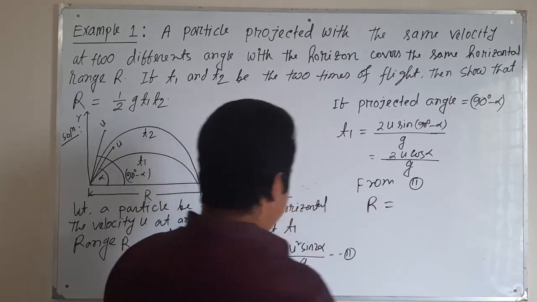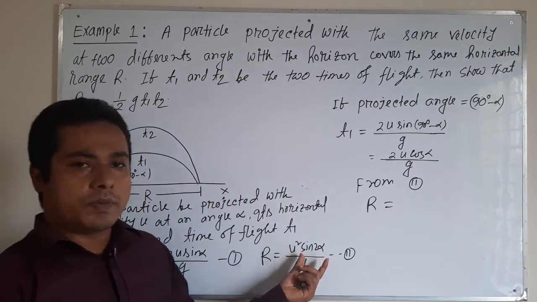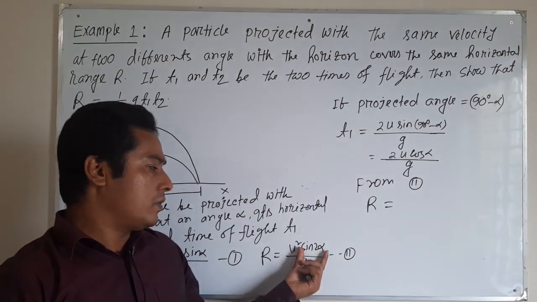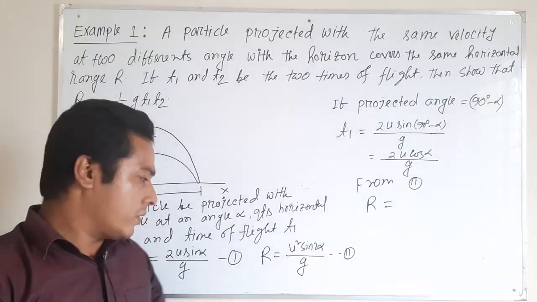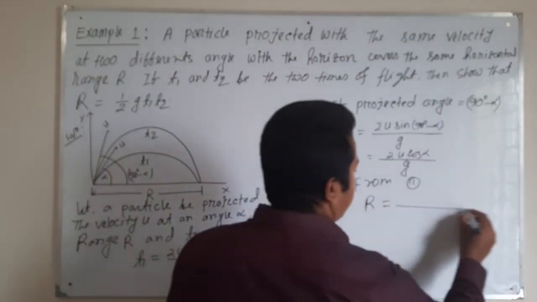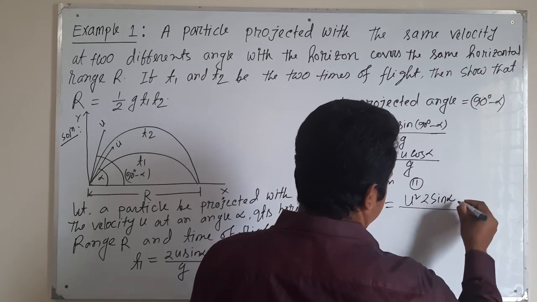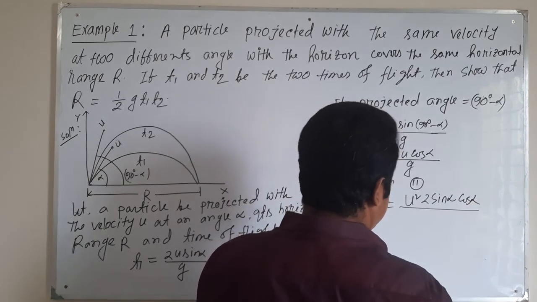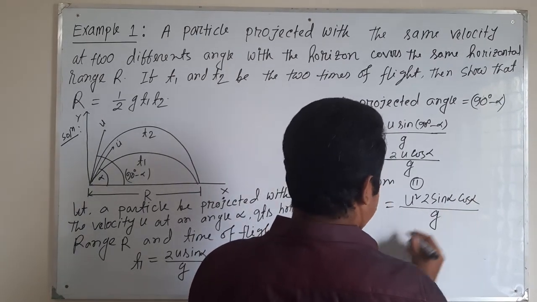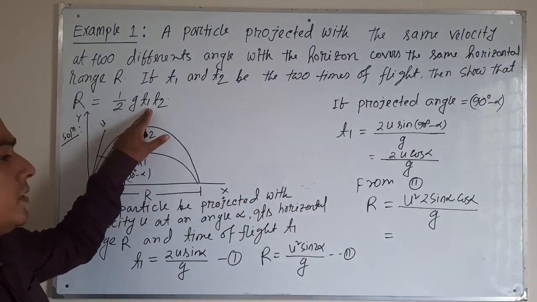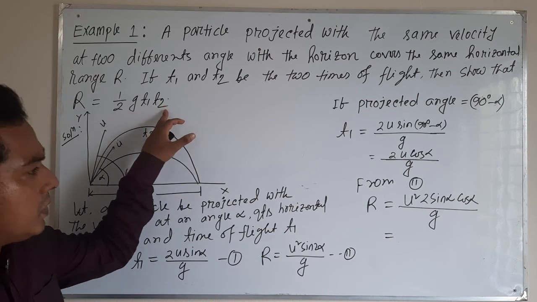R is equal to u square sin 2 alpha, and we have a trigonometric formula: sin 2 alpha is equal to 2 sin alpha cos alpha. So u square 2 sin alpha cos alpha divided by g. Okay, we have to prove half of g t1 into t2.